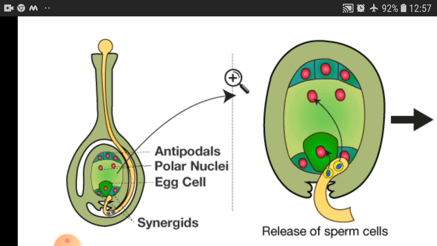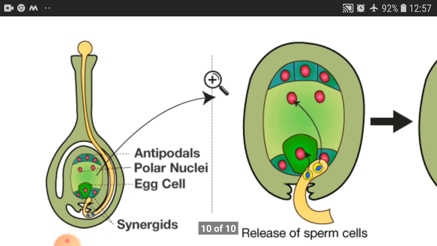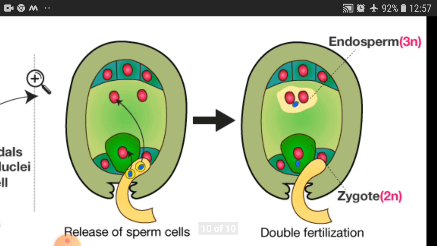This process is known as triple fusion or vegetative fertilization. Now these two acts of fertilization constitute the process of double fertilization. That is why we call the fertilization in angiosperms double fertilization.